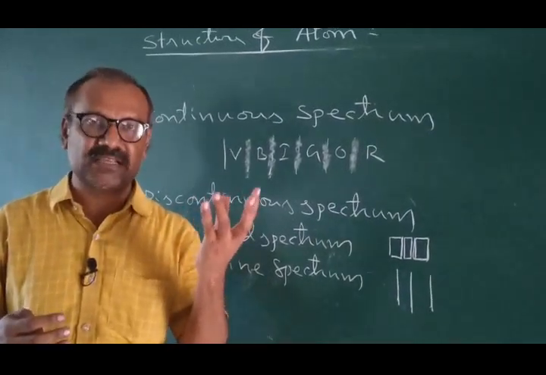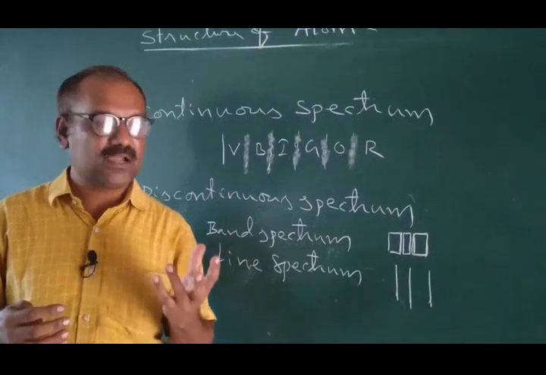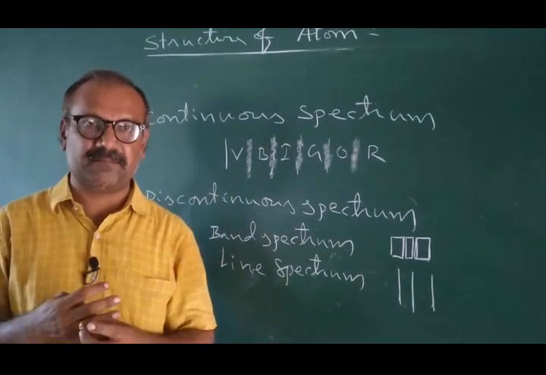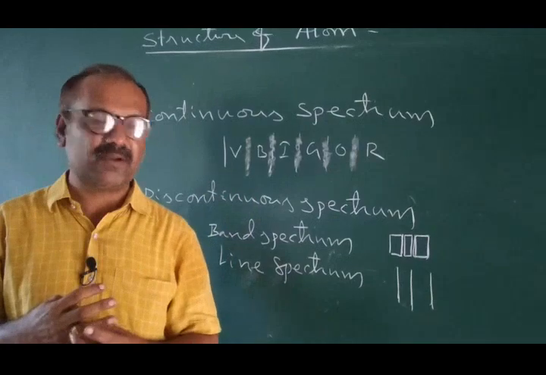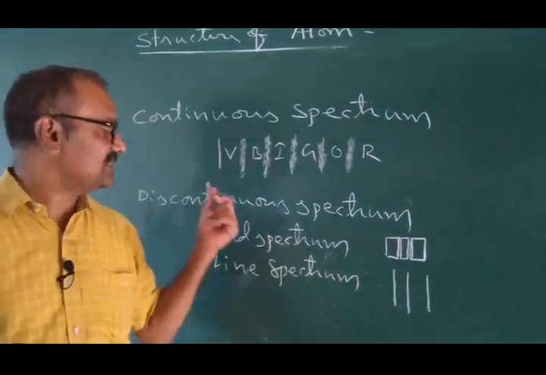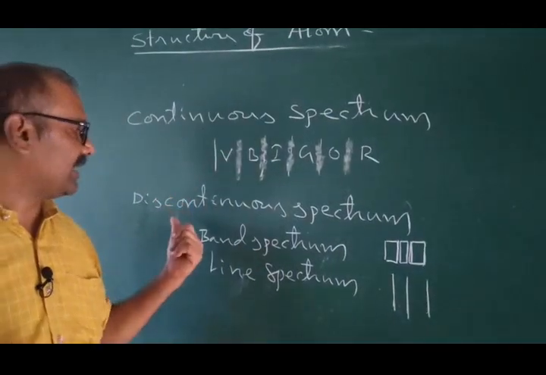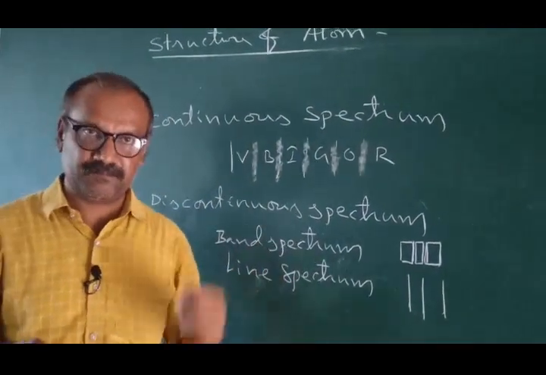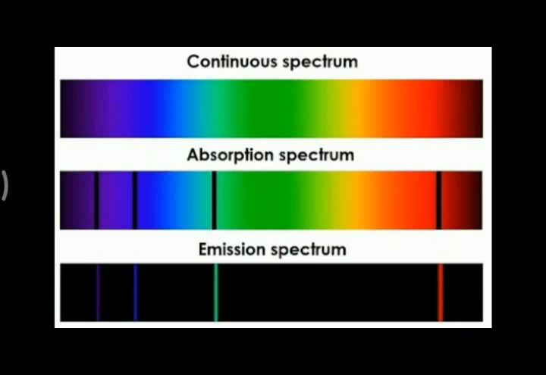The light of the street lights is yellow in color. The yellow color is because of sodium vapor. Sodium vapor will have a particular line in the yellow region. This is about continuous spectrum and discontinuous spectrum.